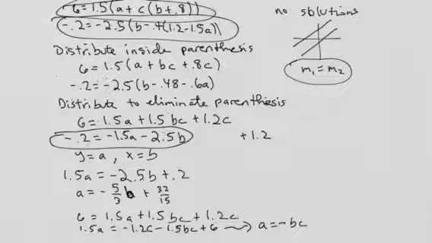So I get A equals negative BC minus 1.2C over 1.5. I'm just showing you how ridiculous this whole thing is. And 6 divided by 1.5 is 4.